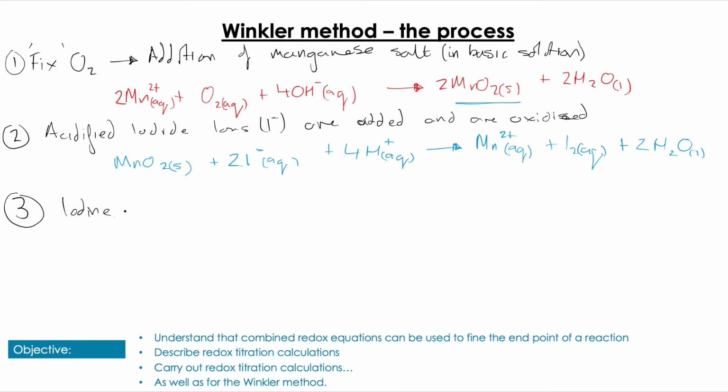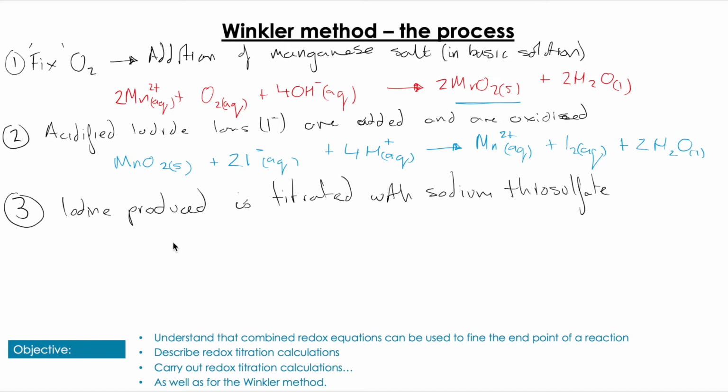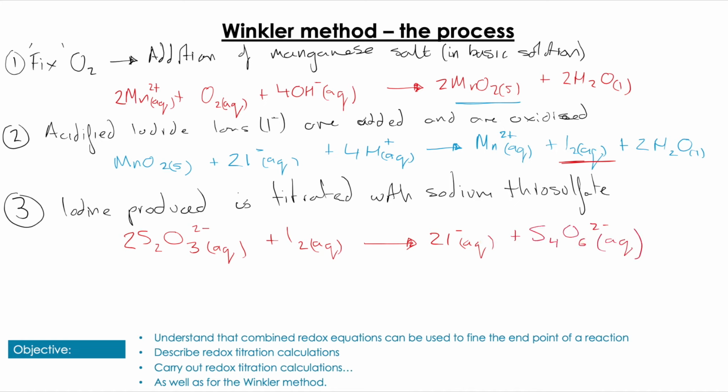So in the final step, we're going to titrate the iodine that's been formed with sodium thiosulfate. And what this allows us to do is to determine, using a standard solution of sodium thiosulfate, the exact concentration of I2. And that's the same I2 that was in the middle equation, which was formed from the MnO2 in the first equation.